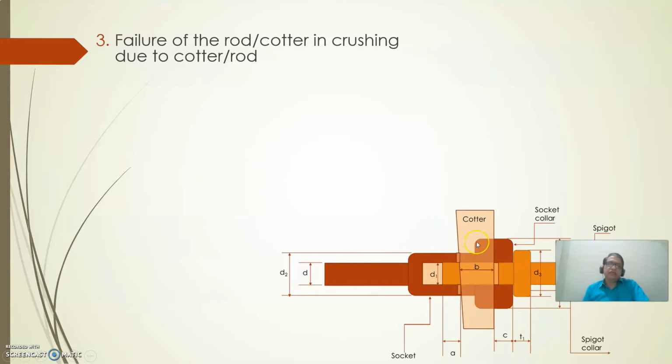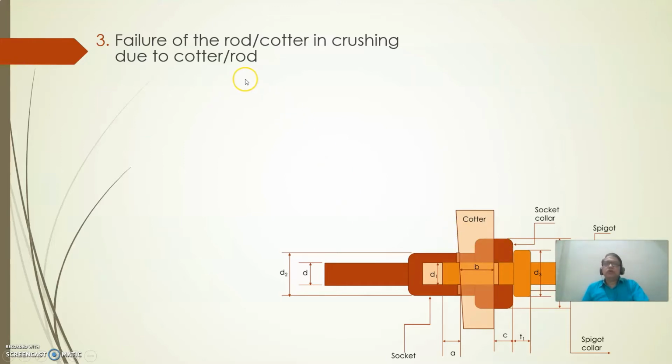As I said for the knuckle joint, we make the quarter not stronger than the spigot or the socket. If the quarter were stronger, then wearing of the spigot or the socket would take place, and the replacement cost of the socket or the spigot is more than that of the quarter. That's why the quarter joint is weaker in strength in comparison with the spigot or the socket.